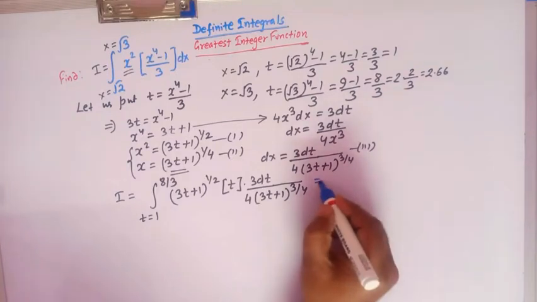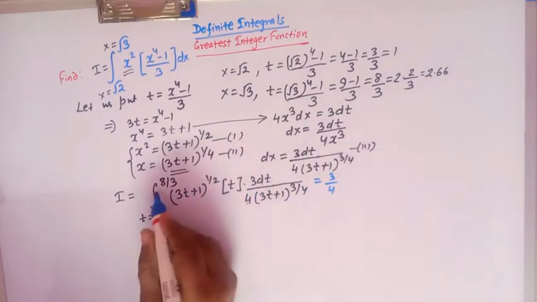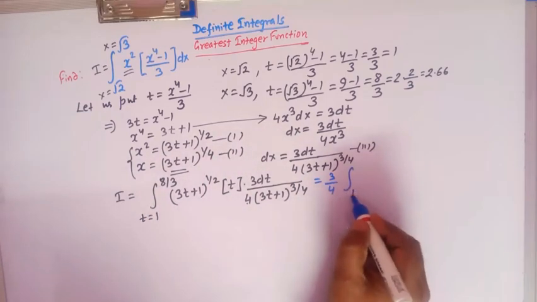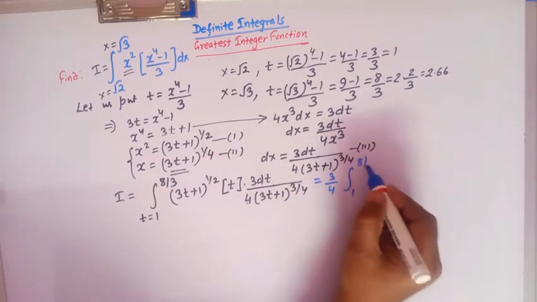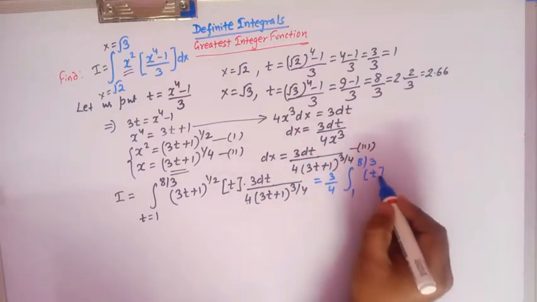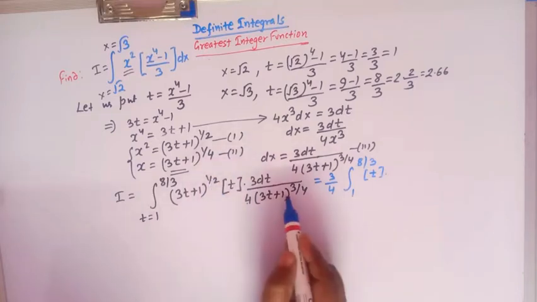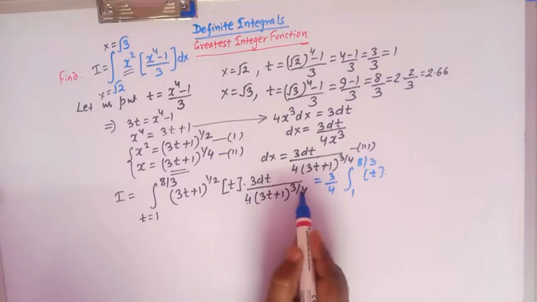So now we can write it, 3/4 can be taken outside the integral sign. So we have from 1 to 8/3, the greatest integer t times (3t + 1)^(1/2) divided by (3t + 1)^(3/4).